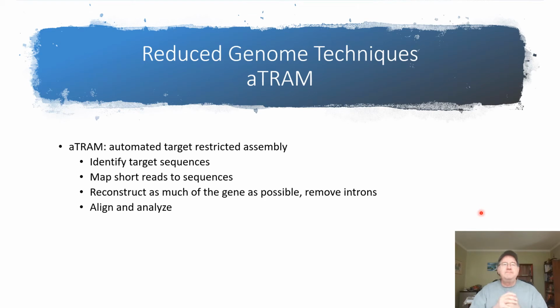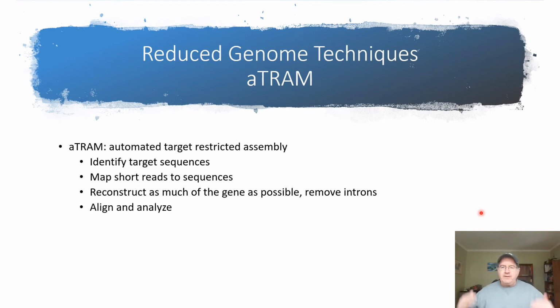In other words, you would take a read and compare it to all the sequences in your target set and find which one, if any of them, your read matches. If it doesn't match any of them, throw it away. If it does match, then you kind of assign it to that target sequence. And in doing so, you do this iteratively.